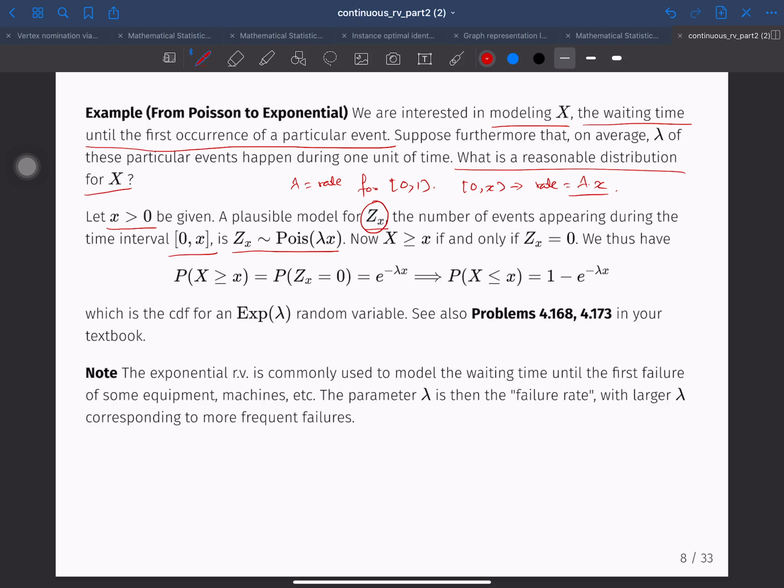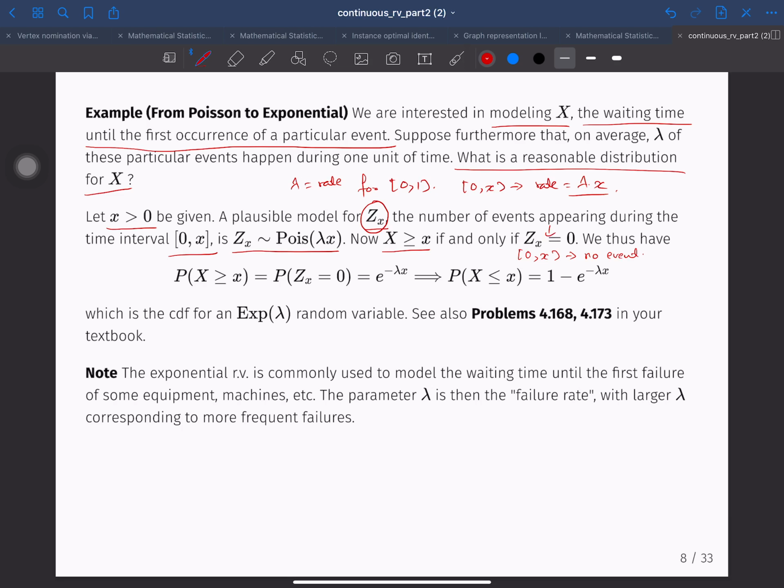So now the key point is that if your waiting time is bigger than this little x, then that means that from the time 0 to x, there are no events, in which case Zx is equal to 0.